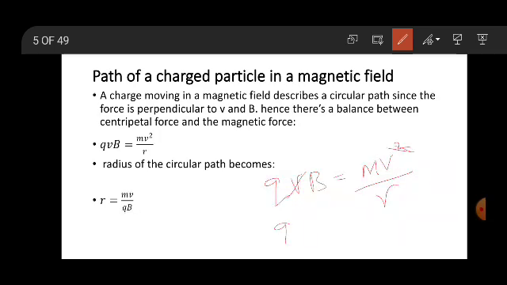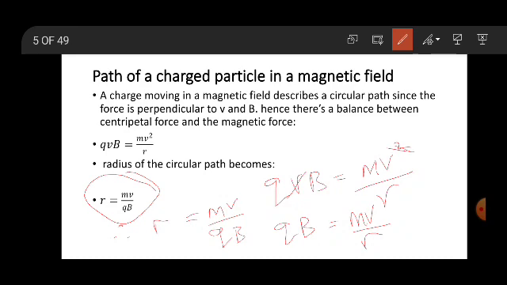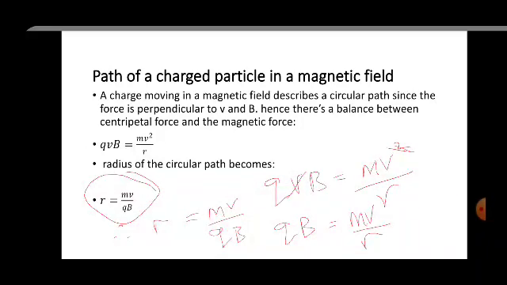So we are going to have QB equal to mv all over r. That means that my r will be equal to mv all over QB. That's exactly how we have this formula. So when you are asked to find the radius of oscillation, r is simply mv all over QB.